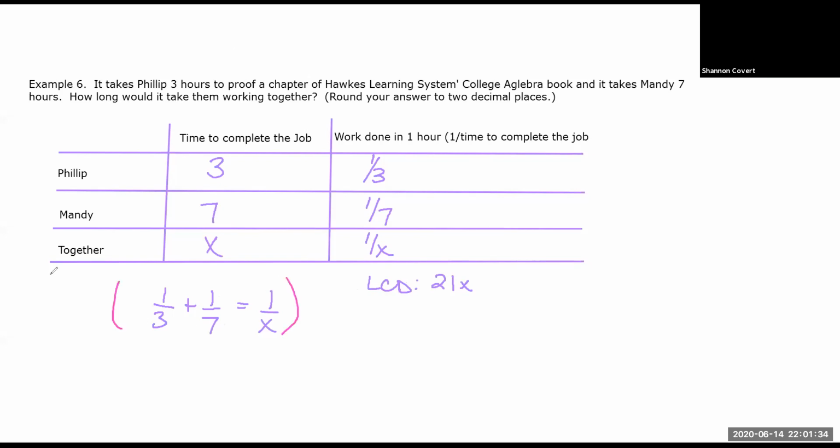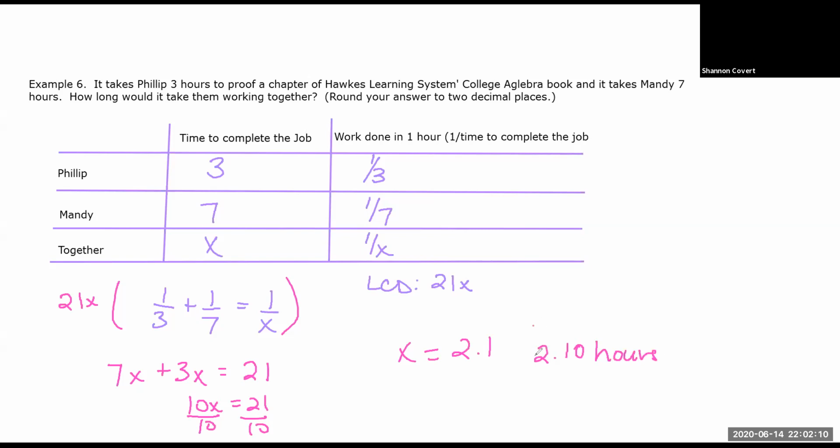When I take all of this times 21X, 21X times 1/3 leaves me with 7X. 21X times 1/7 leaves me with 3X. 21X times 1 over X leaves me with 21. 7X plus 3X is 10X equals 21. Divide both sides by 10. X equals 2.1. And rounded to two decimal places, 2.10 hours.